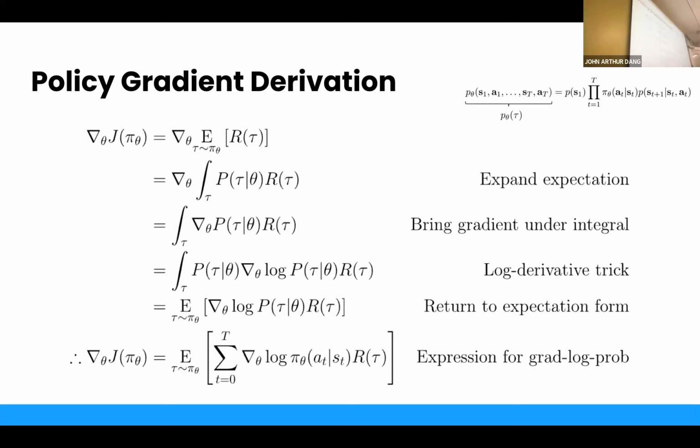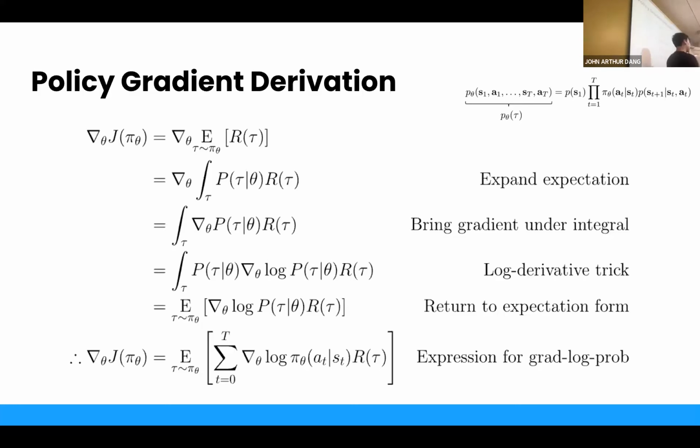I wanted this to fit on one slide, so some stuff is skipped. That p theta is a bunch of things multiplied together, and a log of a bunch of things multiplied together is a sum over all those log terms.